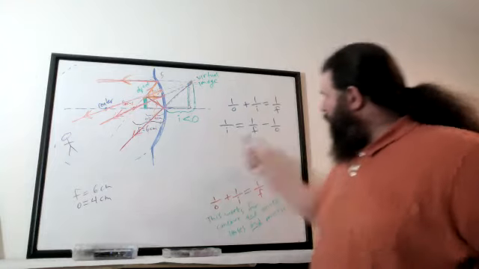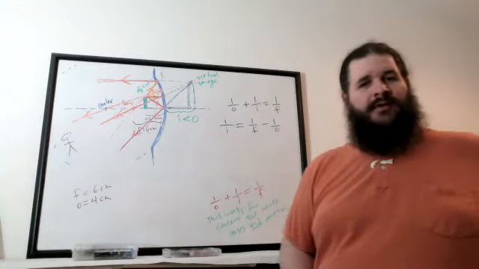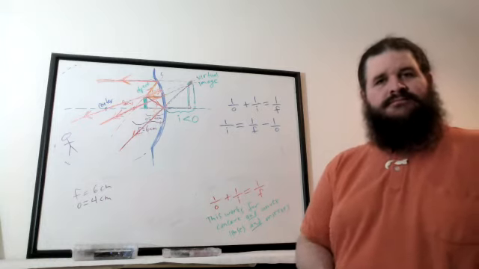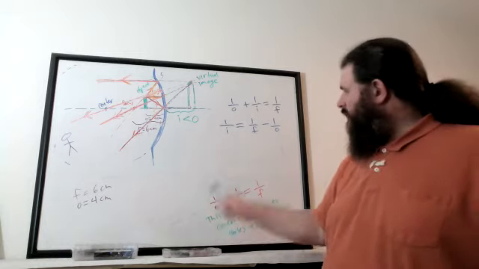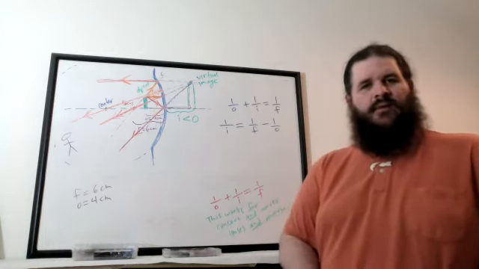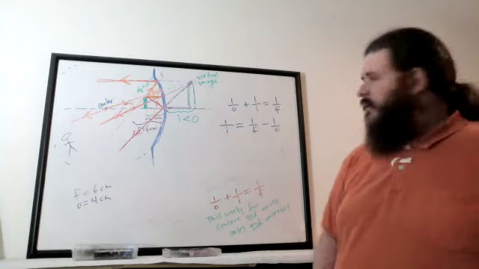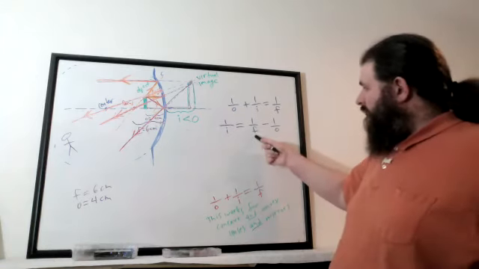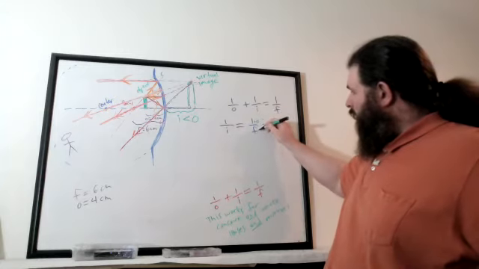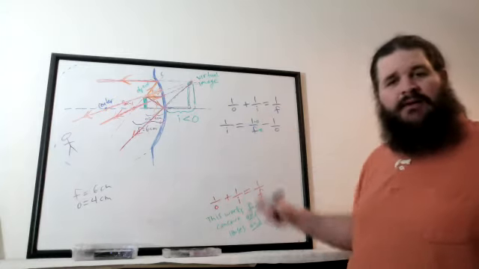How would you combine 1 over F minus 1 over O into just one fraction? How would you get a common denominator here so we can combine those? Multiply them by O and F. Yeah, this one has an F in the denominator, but it's missing an O. So let's multiply by O in the numerator and denominator to keep it the same value.